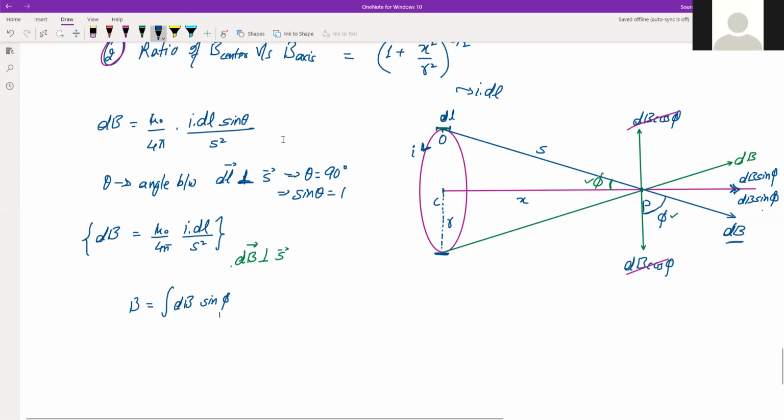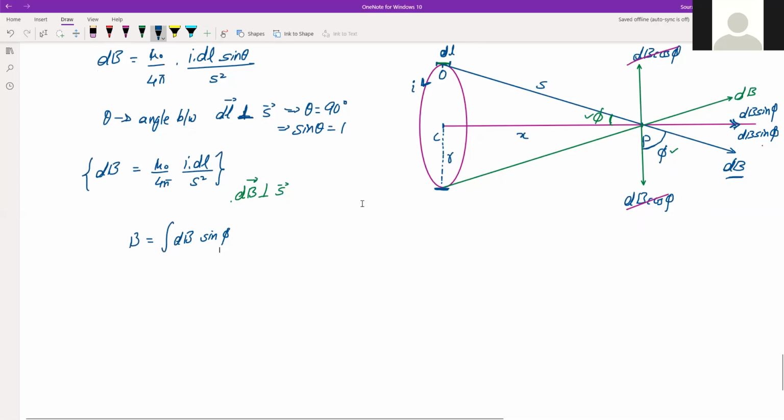So now we have to find what sin phi is. From the figure itself we can see it. If that angle is phi, even this angle will be phi, and sin phi is nothing but R by X, right? So sin phi is equal to R by X.